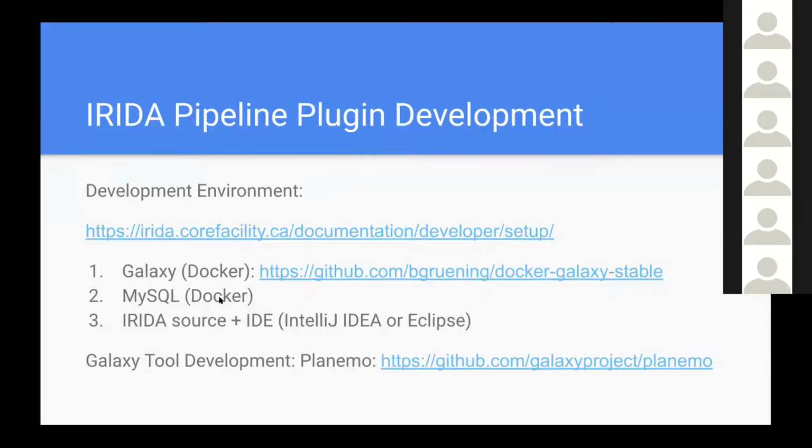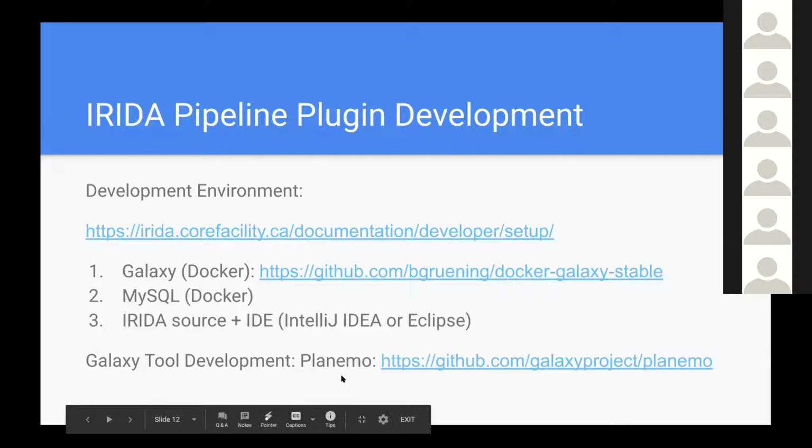It's not necessary for you to be developing your own Galaxy tools to develop irida plugins; you can use just existing Galaxy tools, but you may find that you need to develop a custom tool here and there. And if you're doing that, then it would be good to pick up the Planemo tool for developing Galaxy tools.